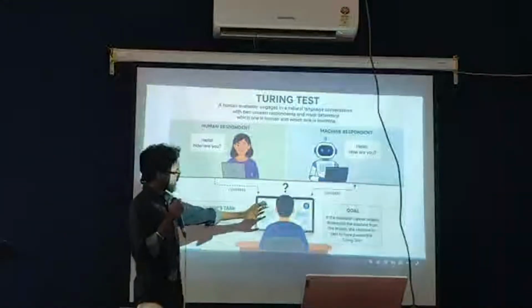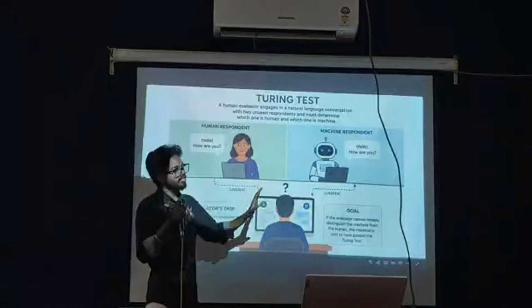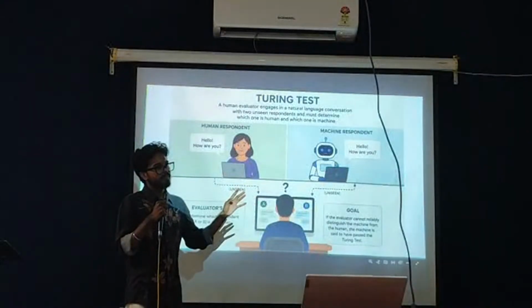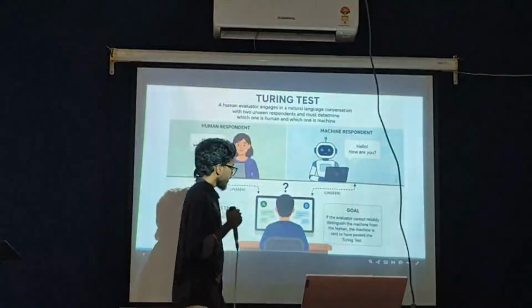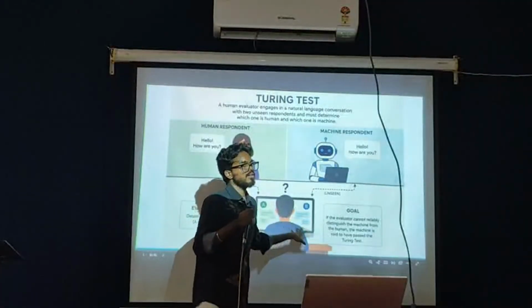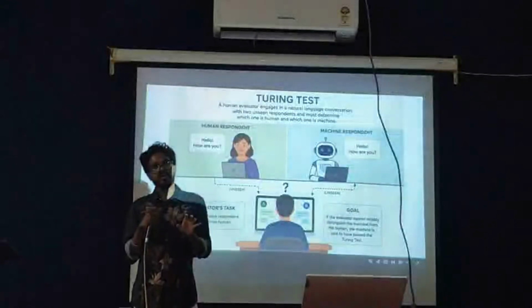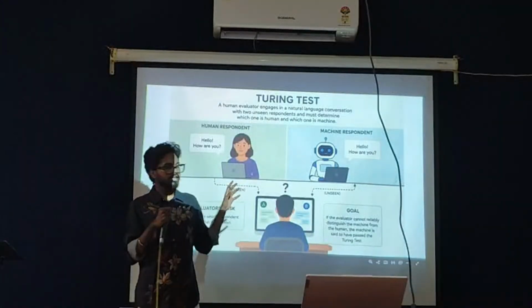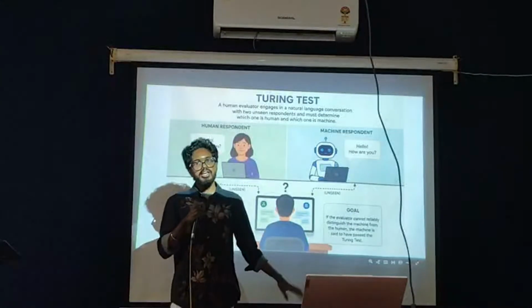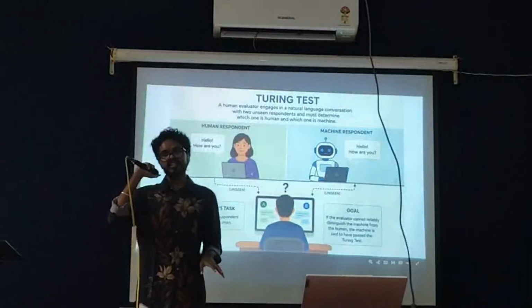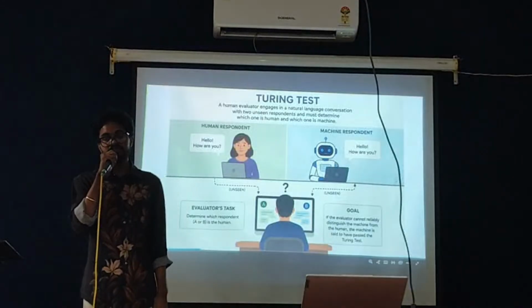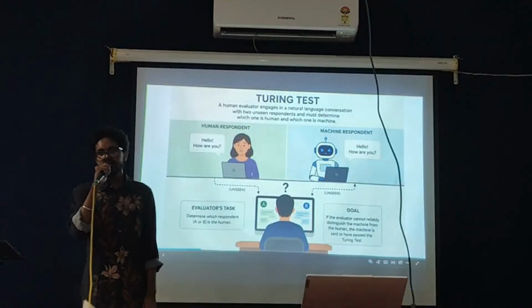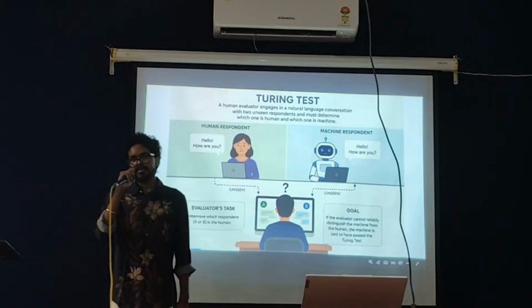This man will send a message to both of them, and both will reply back. If the man has to detect which reply is from the human and which is from the robot, and he fails to detect it, then the computer is performing intelligently.